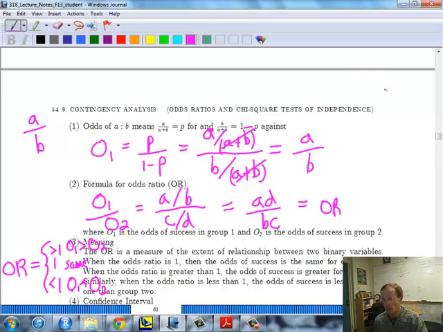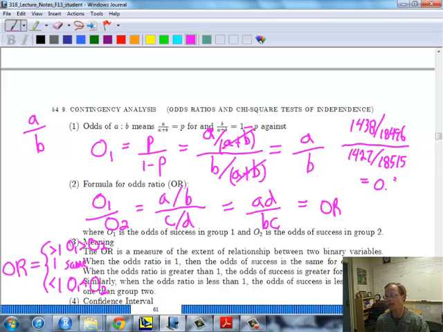Just grabbing the numbers, I'm going to have 1438 times 18496, all over 1427 times 18515, which, when we run that calculation, is going to be 0.992.